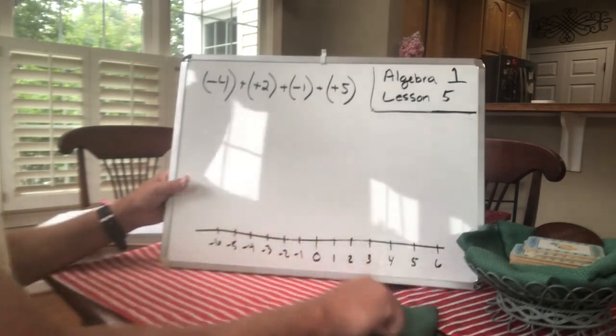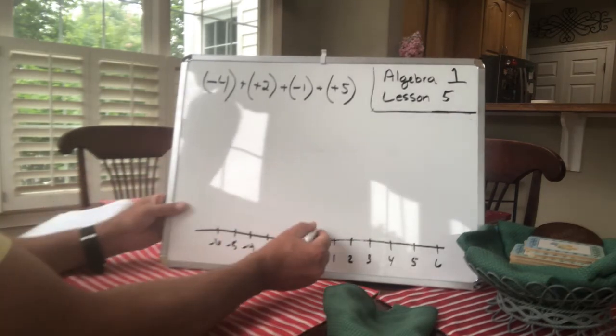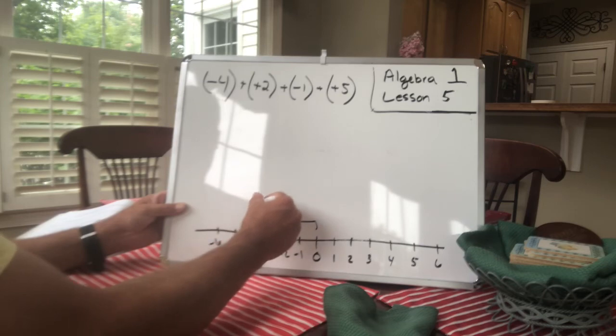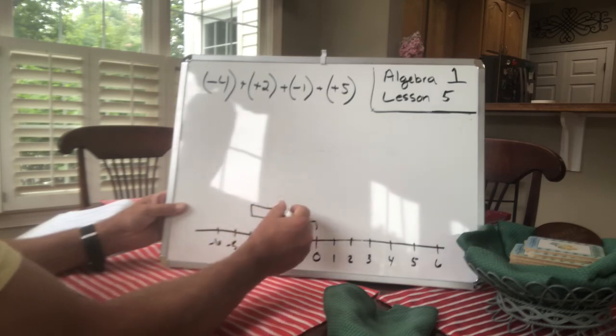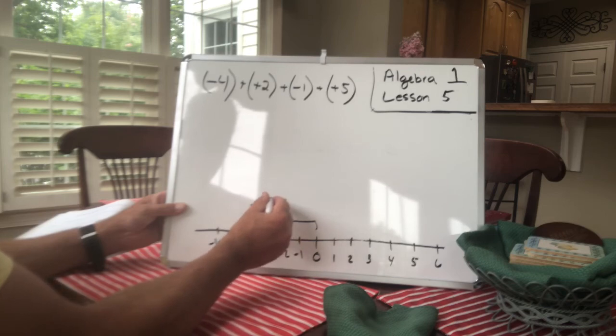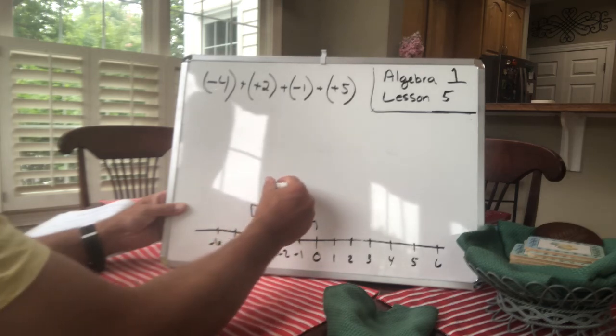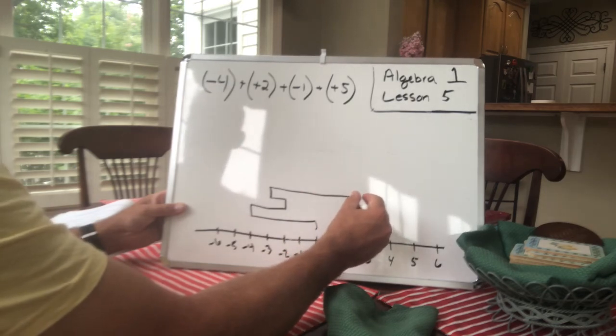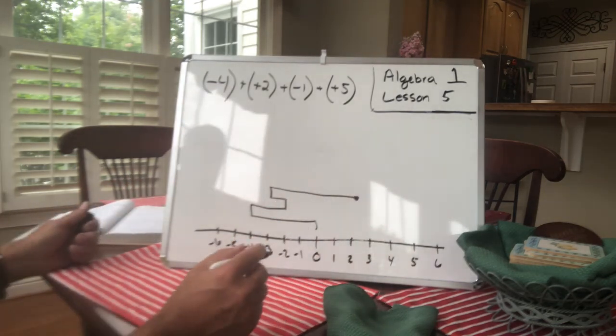We come down to our number line. We go -4 plus +2 plus -1 plus +5. And we finish at +2.